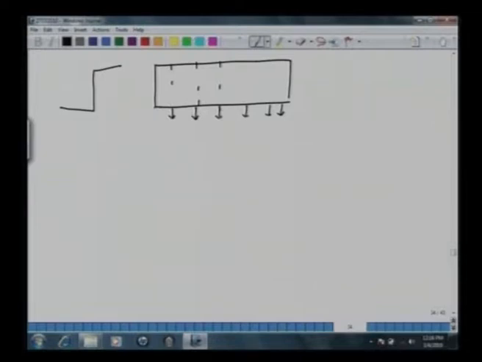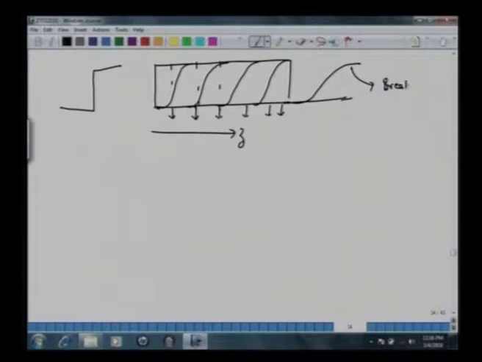So you will expect that as you go along this Z length, this length has got saturated earlier. If you monitor the concentration here, it has taken a slightly longer time. Here it has taken a longer time like this, and at the exit we have a profile like this. So this is what we call breakthrough response.